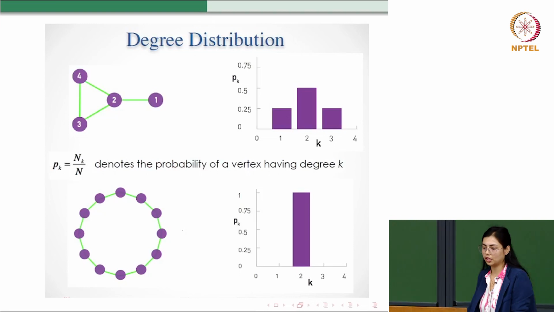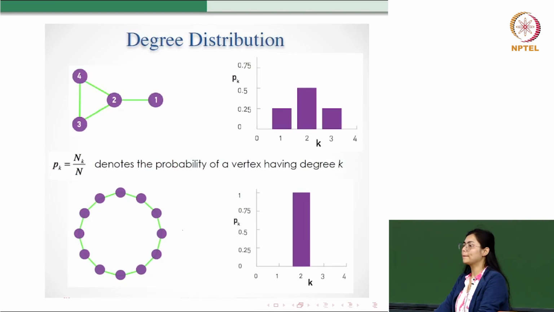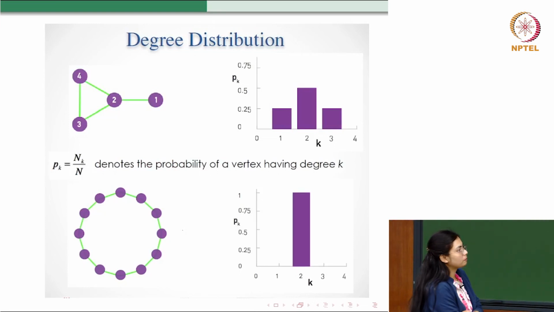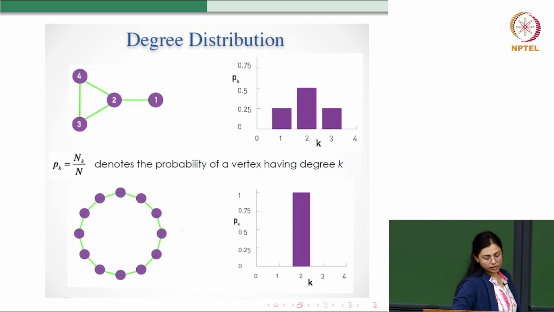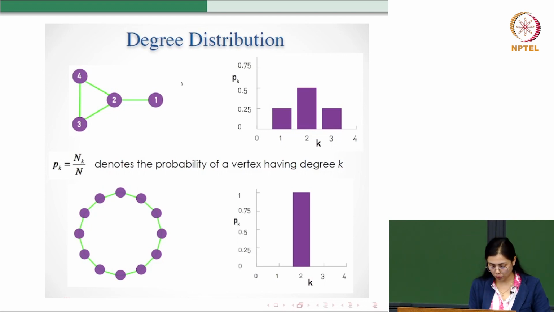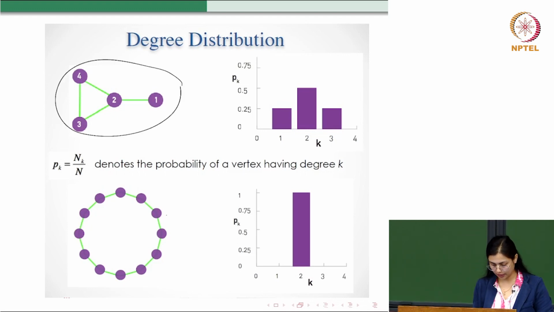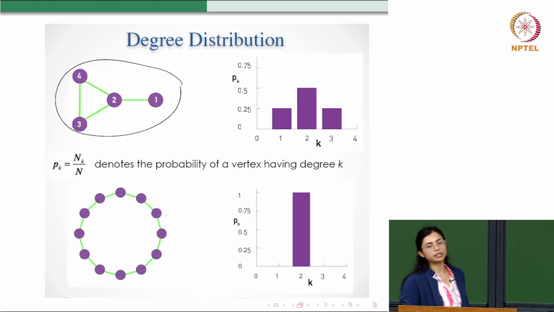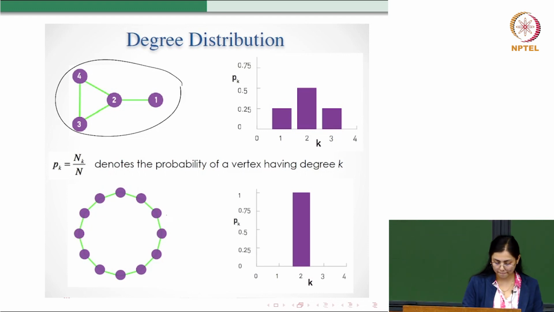Okay, degree distribution. What is the degree distribution? What is the probability of that? Suppose this is one graph, this is another graph. Now, degree distribution means, so we have a node with degree 1, 2 nodes have degree 2, and another node has degree 3.